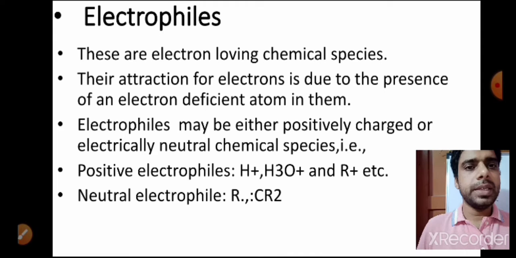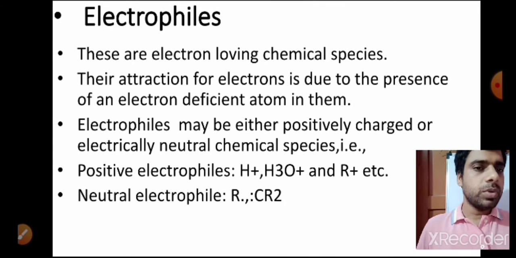In the first line it is written, these are electron loving chemical species. Electrophiles are not only E positive; I am taking an example, electrophiles may be written as E positive.